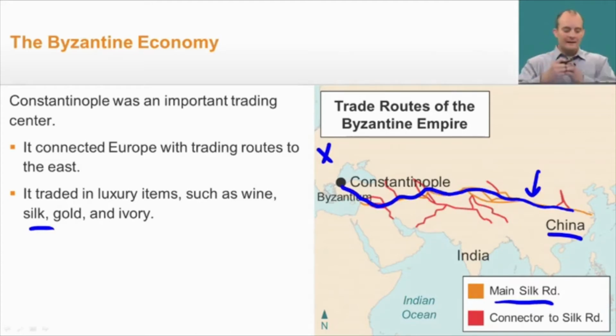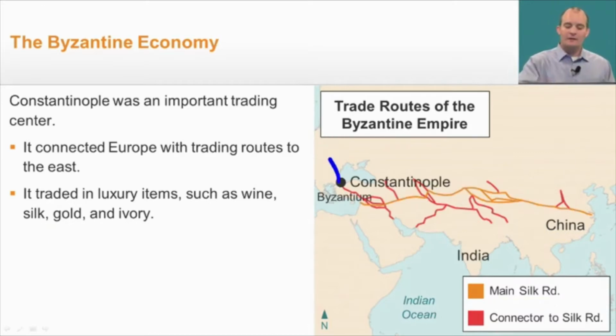Once they were in Constantinople, those goods would spread out into Europe, but they all went through Constantinople. So the Byzantine Empire became that center of trade, that throughway for all of these trade goods, and this really helped bring a great deal of money and wealth into the Byzantine Empire.